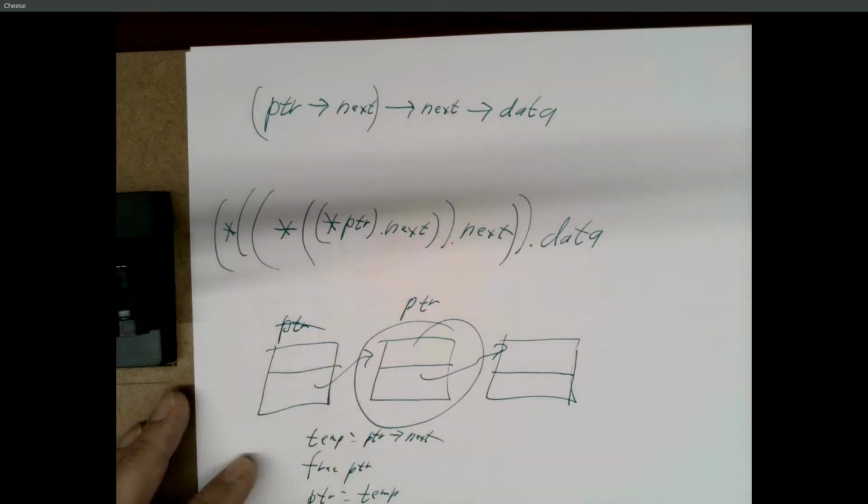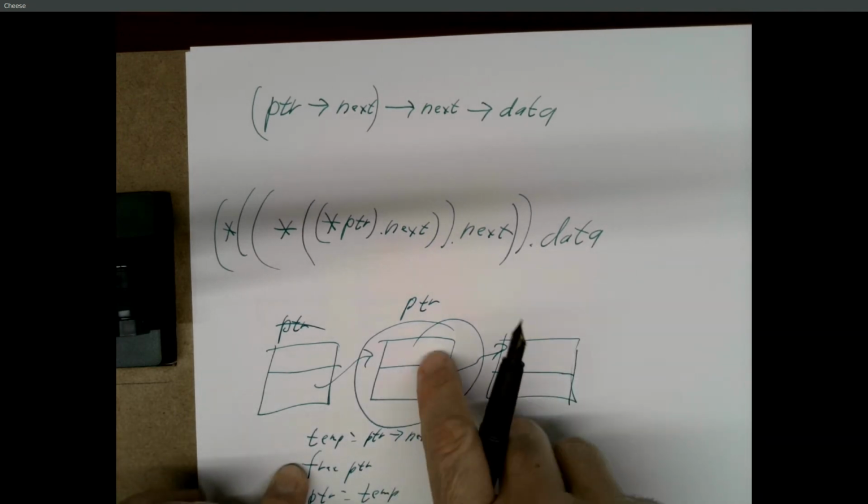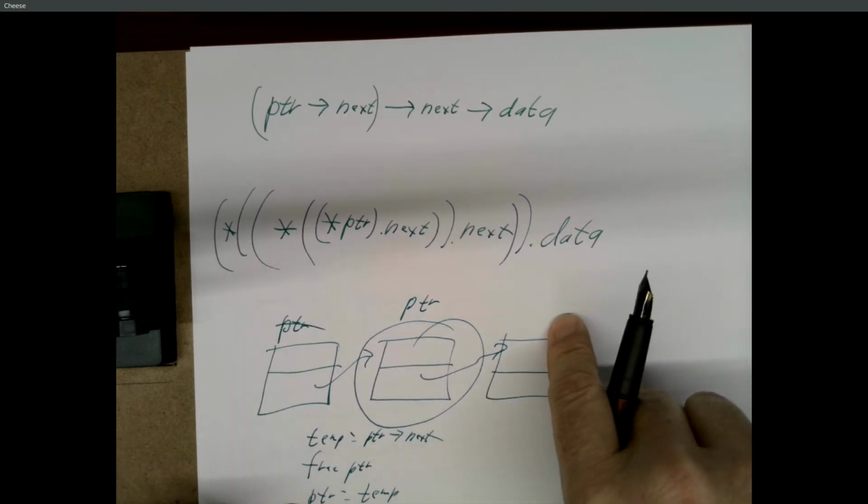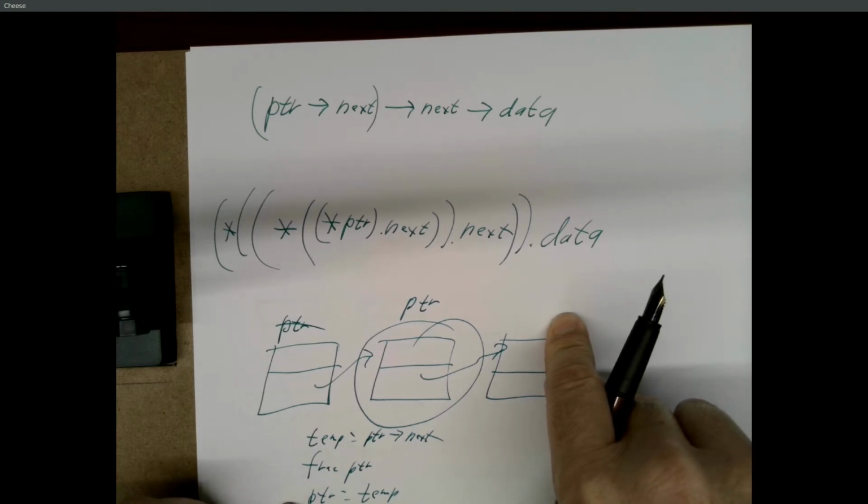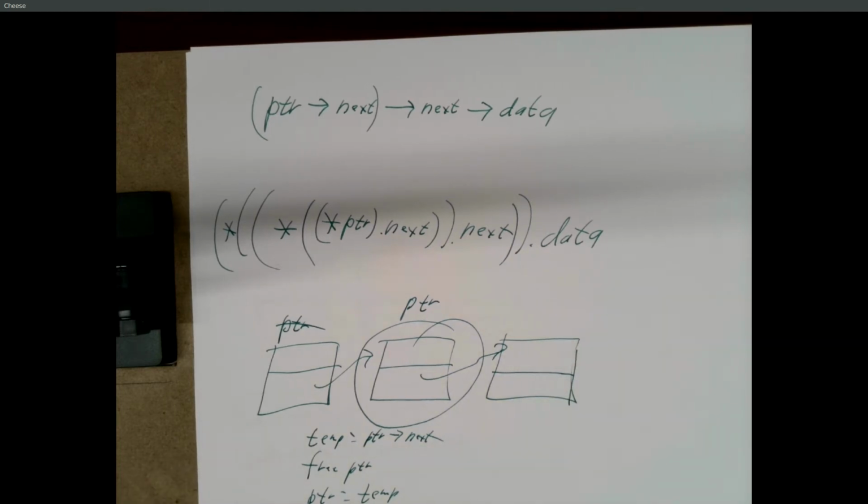So now our pointer is here, and we can just keep looping. Save where this points, free this thing, and then move your PTR variable over here. And after you freed the last node of your list, and you set pointer equal to what that next was, PTR will be null. That's when you know you're done.